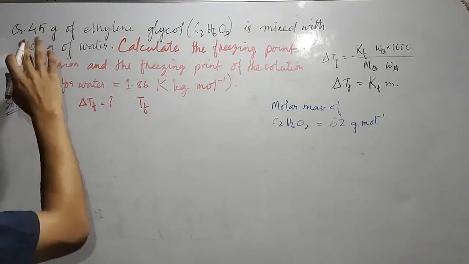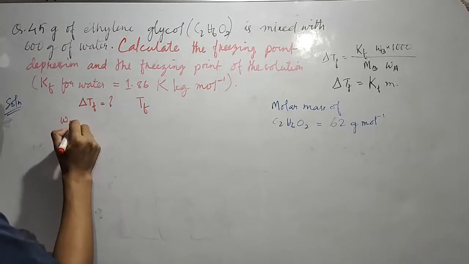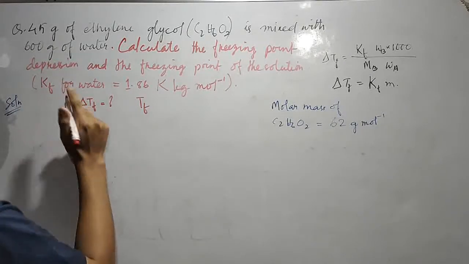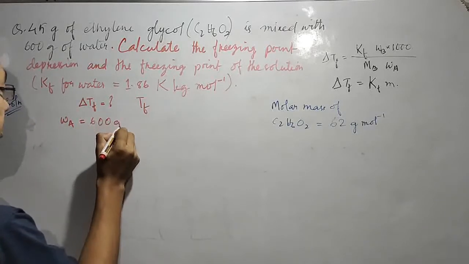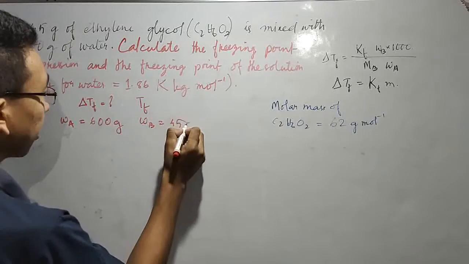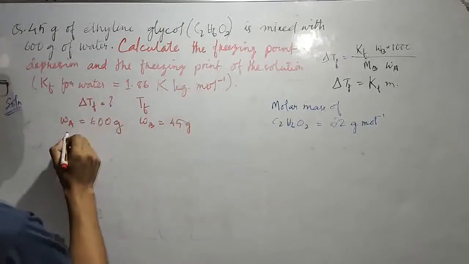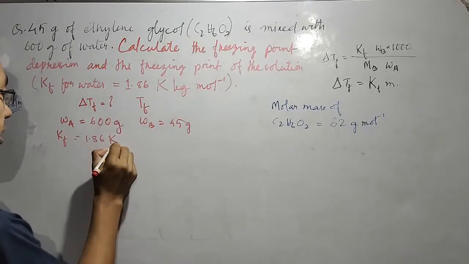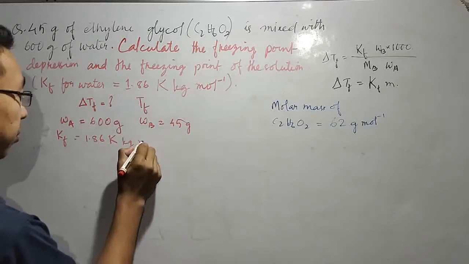The given values are WA, of the solvent, equals 600 gram, WB equals 45 gram, and KF is given as 1.86 Kelvin kg mole inverse.